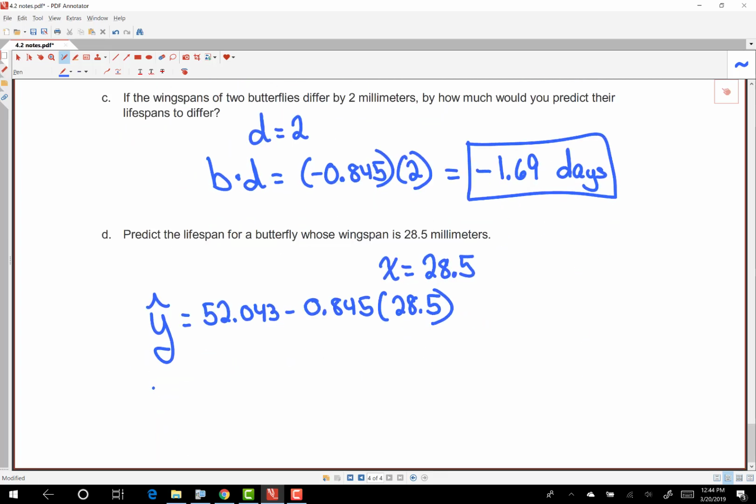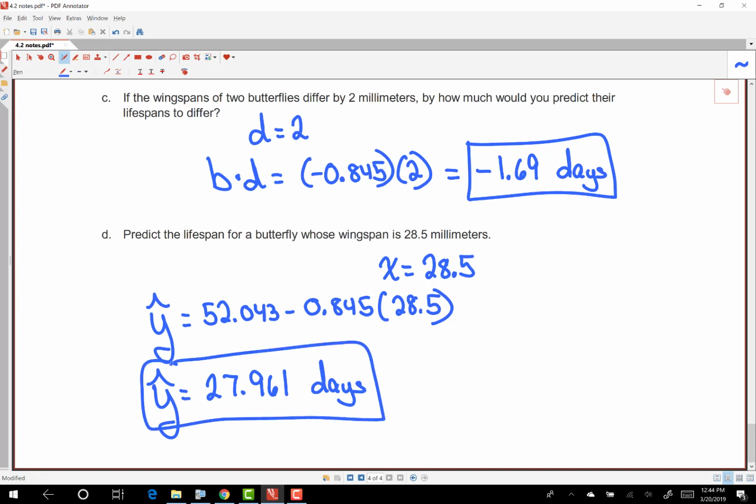And this is going to be in days, is our lifespan prediction. So we get, I'll just round to 3 decimal places, 27.961 days is our predicted lifespan for a butterfly whose wingspan is 28.5 millimeters.